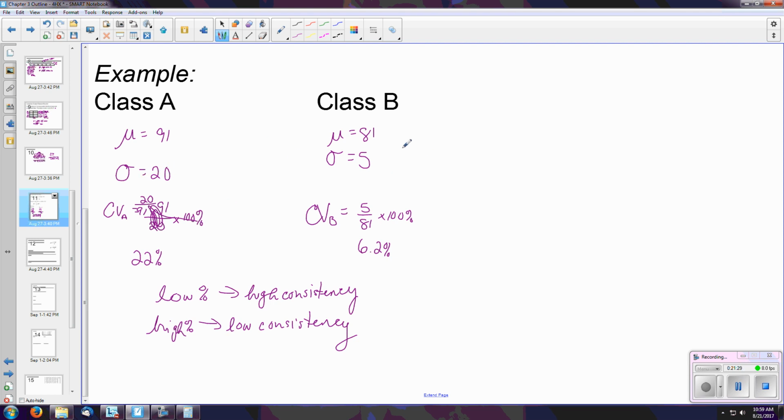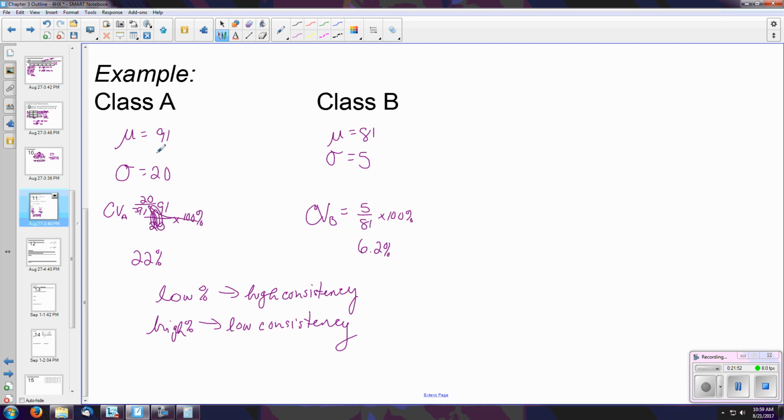But on the other hand, with Class B, you're looking at a coefficient of variation of only about 6%. So even though it looks like they may not have scored as well, that means that as a class, they were much more consistent in their scoring than with Class A. It's more likely that Class A had students failing than Class B because of the higher variation.